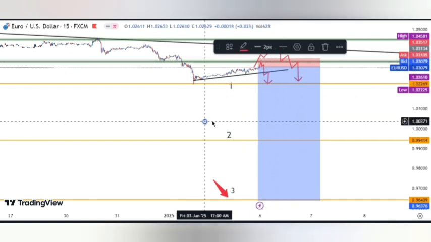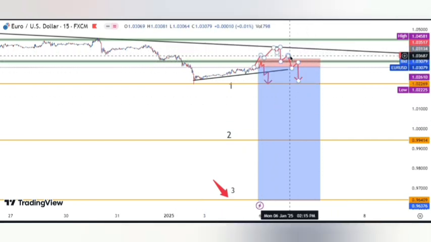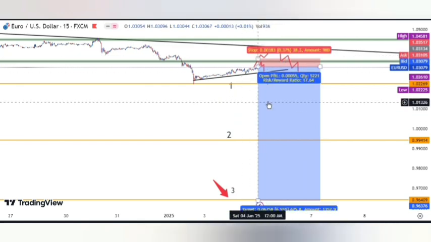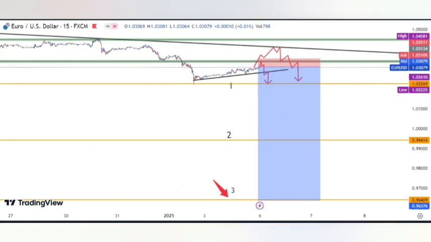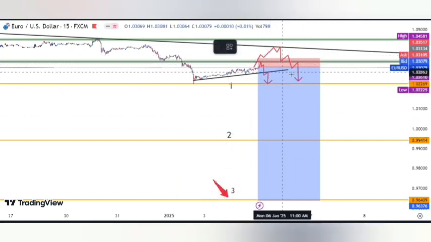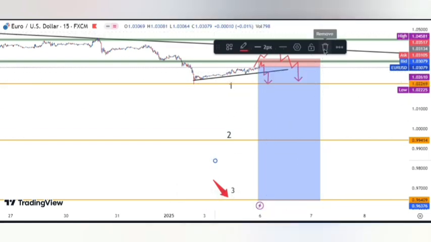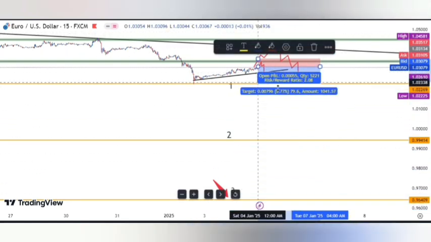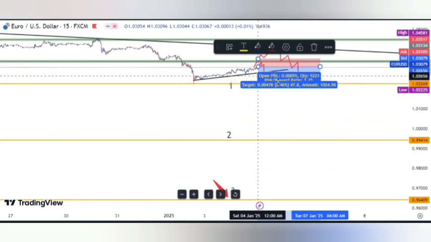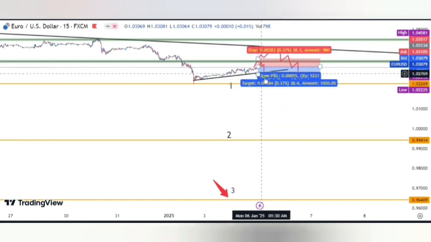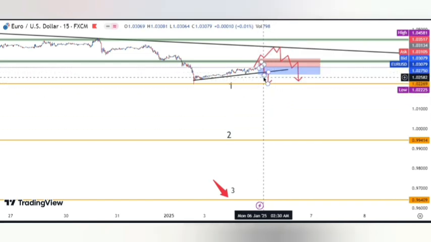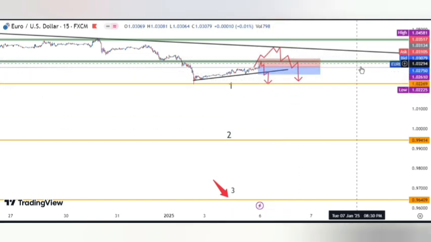When you see that the price has hit 1:1 risk to reward ratio, and you are already in profit, you move your stop loss into break even.